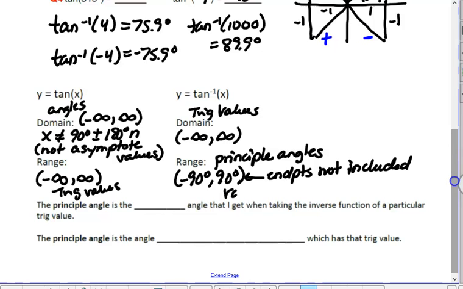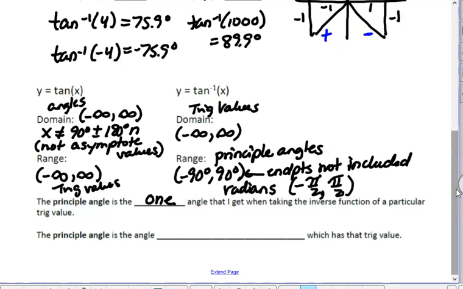In radians, that would be negative π/2 to π/2, or negative 1.57 to 1.57. The principal angle, remember, is the one angle that I get when taking the inverse trig function of a particular trig value. The principal angle is the angle closest to 0 that has that particular trig value.